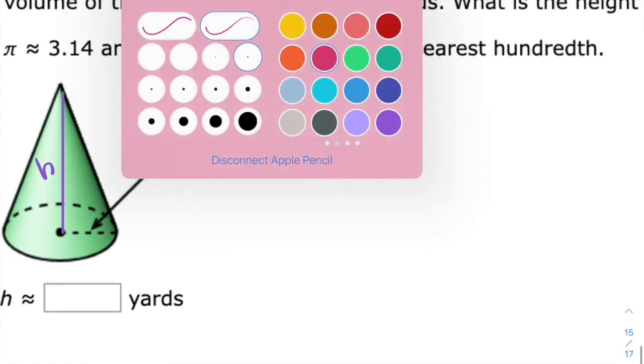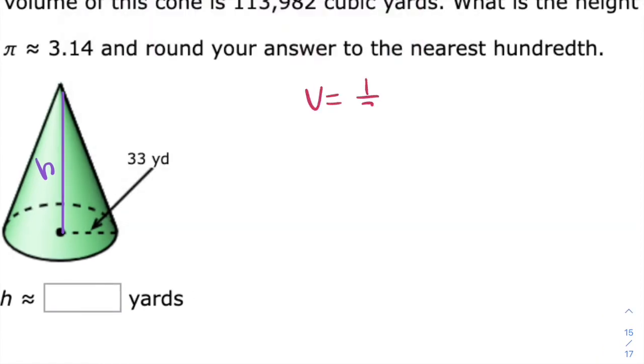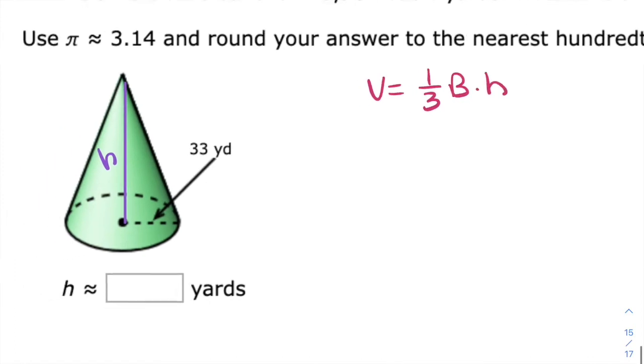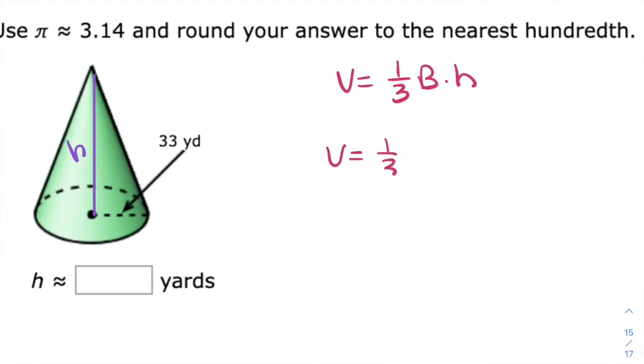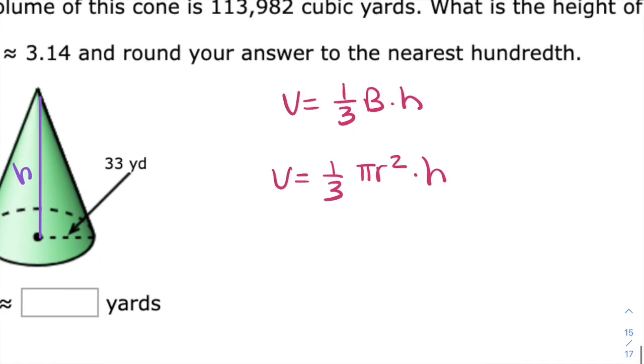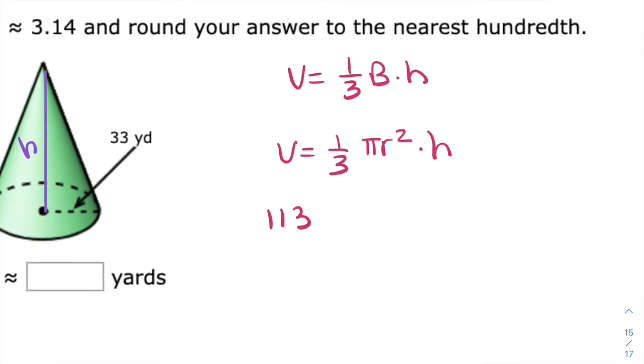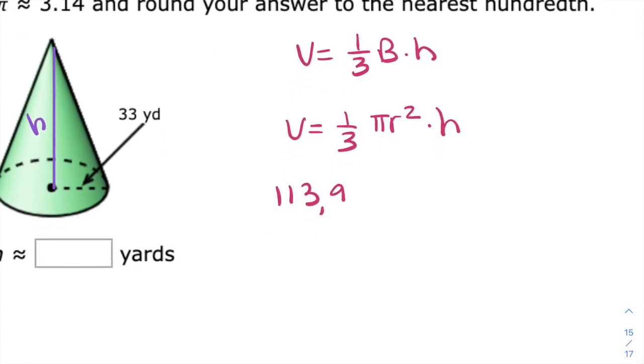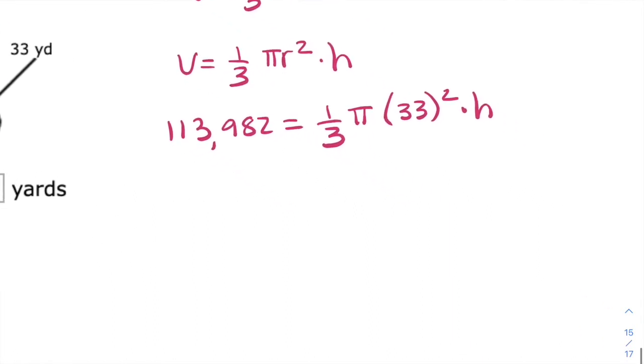So volume equals 1/3 base times height, and the base is pi r squared, because it's a circle. So let's put in all the information we know. 113,982 equals 1/3 pi times 33 squared times h.